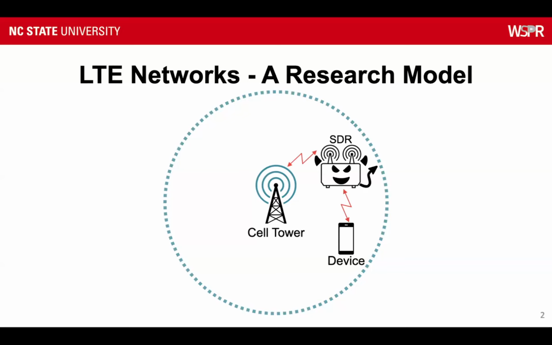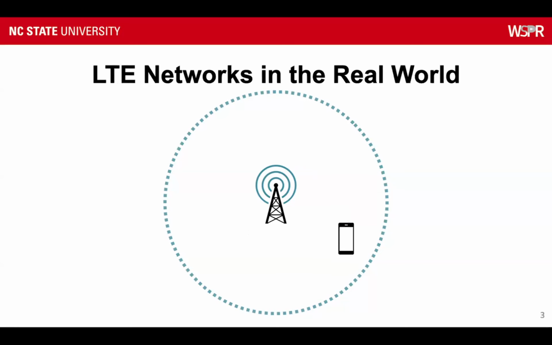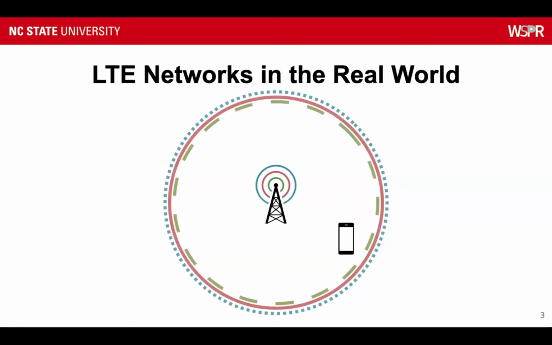Most existing cellular network research assumes this simplified model where there's just one tower, one or a handful of devices, and one SDR within the network. But in the real world, it's a little more complicated than that. In real world deployments, we don't have just a single tower and a small number of devices. We have multiple networks all sharing the same tower.